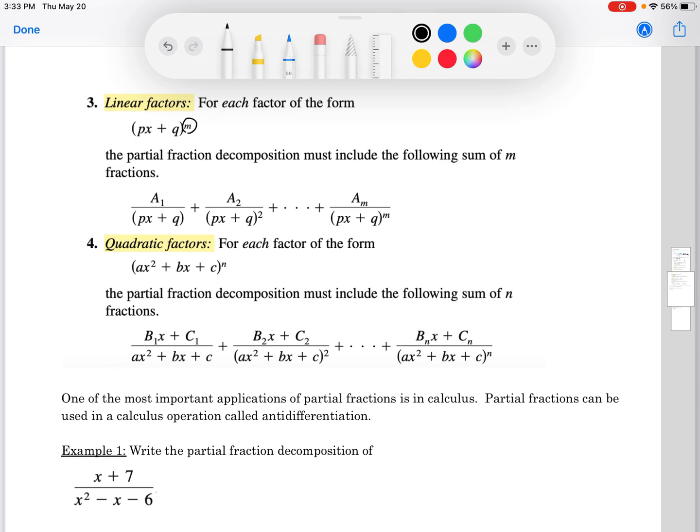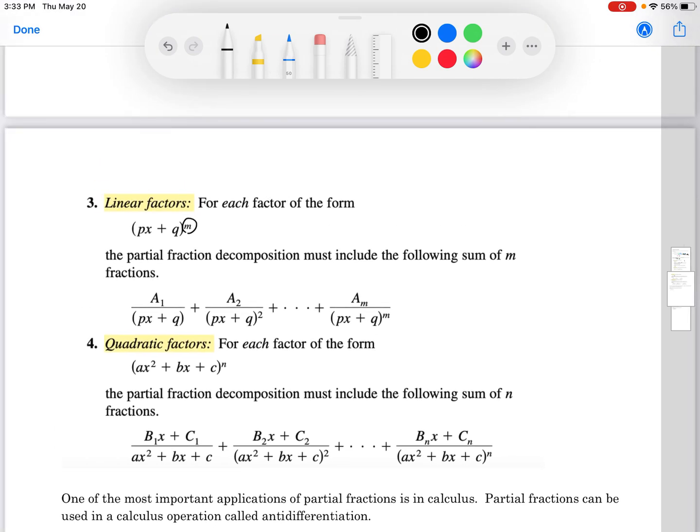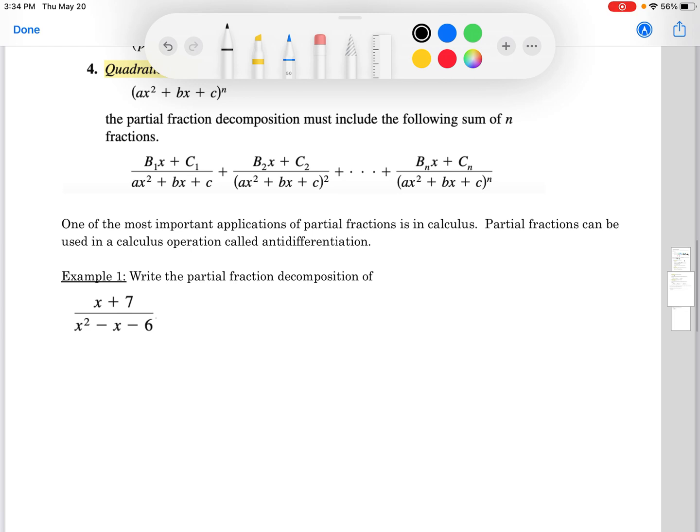And then for quadratic factors, for each factor of the form ax squared plus bx plus c to the n power, the partial fraction decomposition must include the sum of n fractions, and they're going to be of this form. So instead of linear, where we just have a1, a2, and so on up top, here I'm going to have b1x plus c, so I'm going to have linear on top where I had constants on top before.